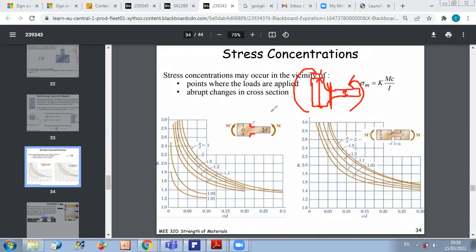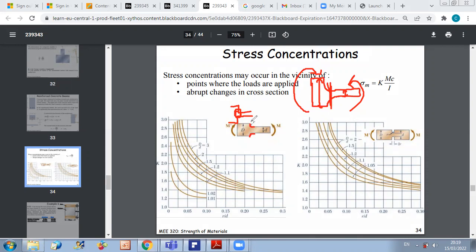If you want a straight angle, of course, the stress concentration will be much higher. So at these points you will have a very large value of stress concentration, and the K factor will be significantly high.